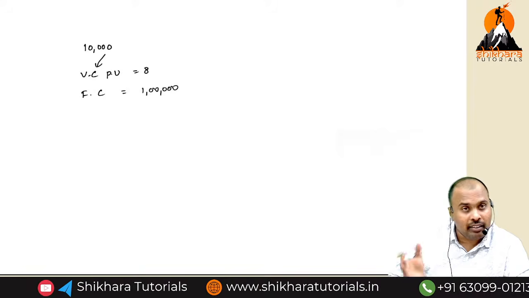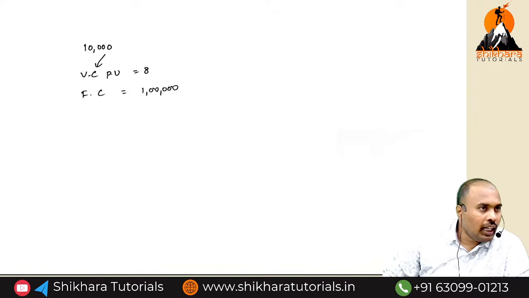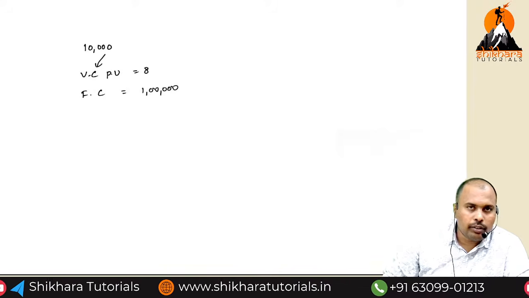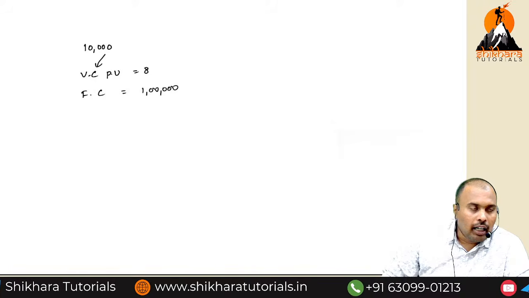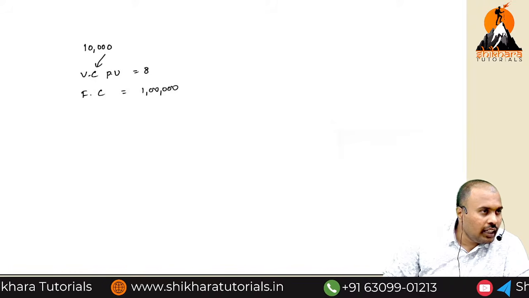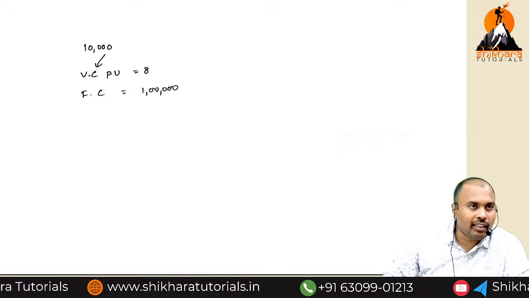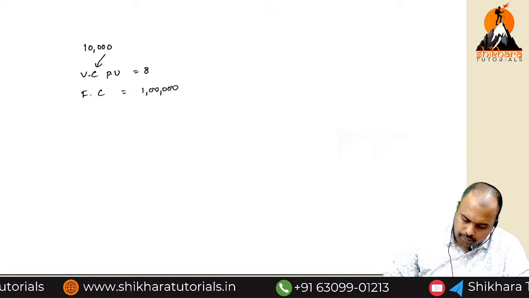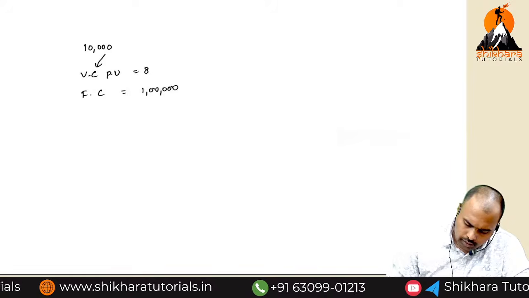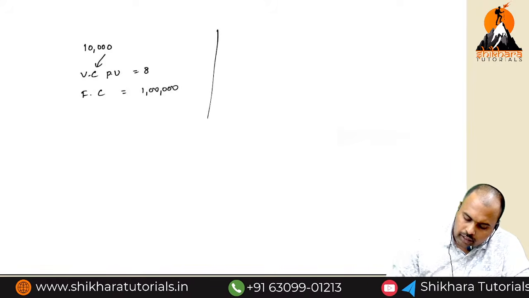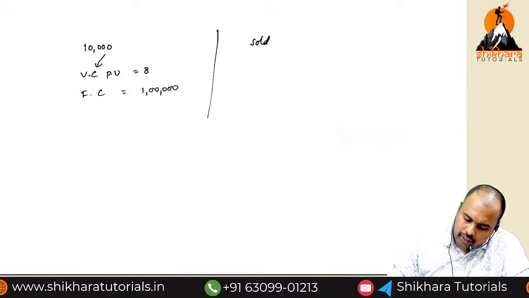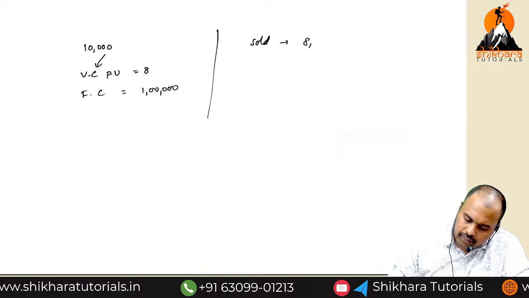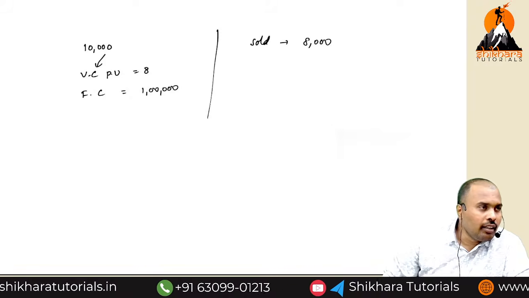I manufactured 10,000 units. The variable cost which I incurred is 8 rupees, and the fixed cost I incurred is 1 lakh. Now, I sold only 8,000 units.